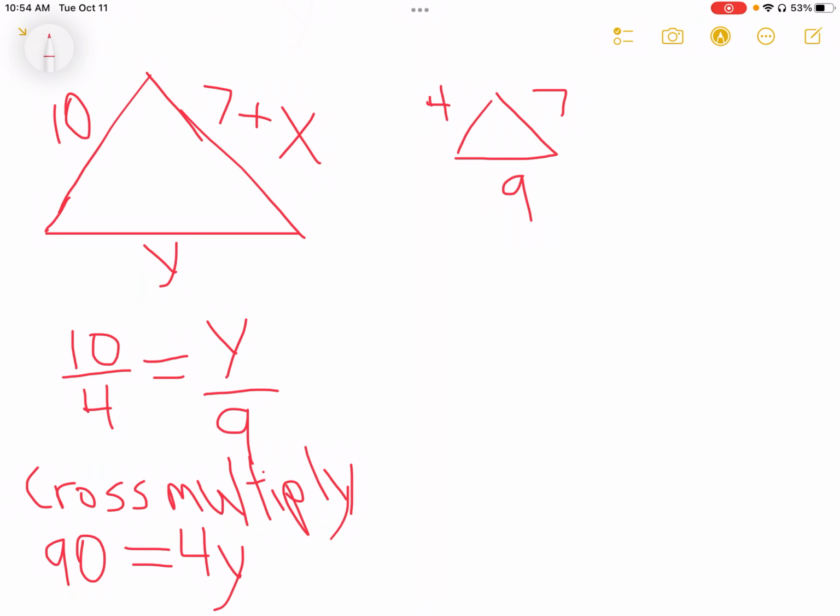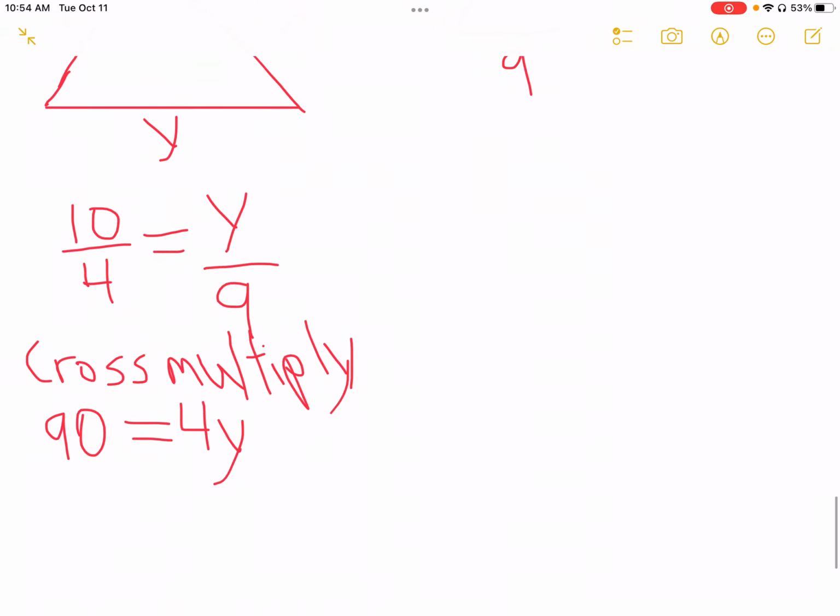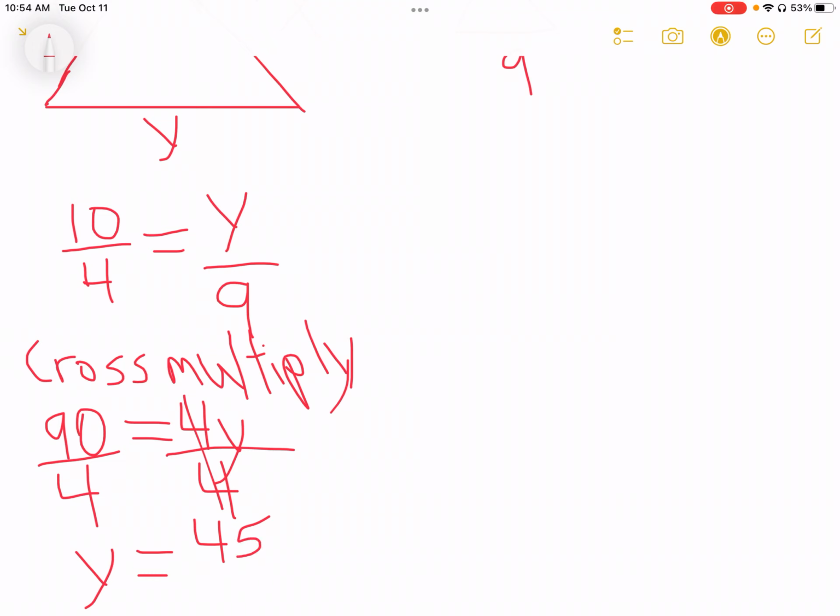And if I want to finish this, then I can just divide by 4 on both sides. My 4 is canceled there, and my y I could reduce a little bit, and say it's 45 over 2. Not a very even answer there, but 45 over 2 is my answer.